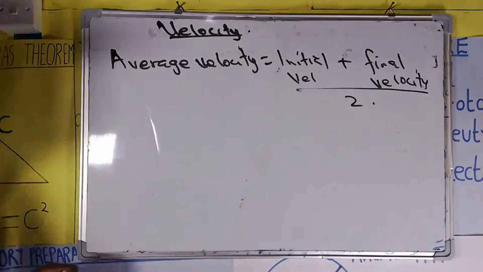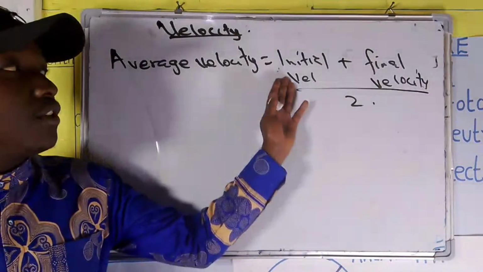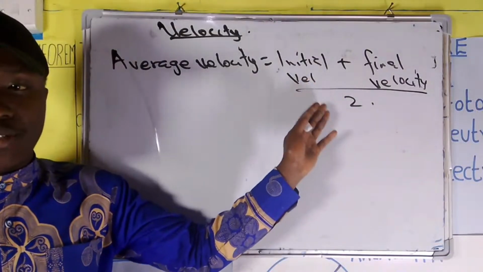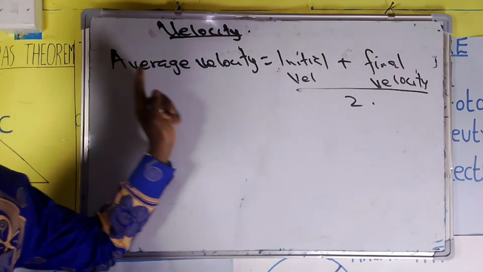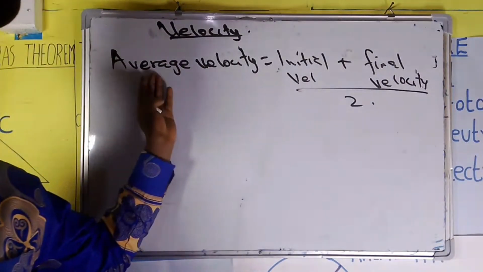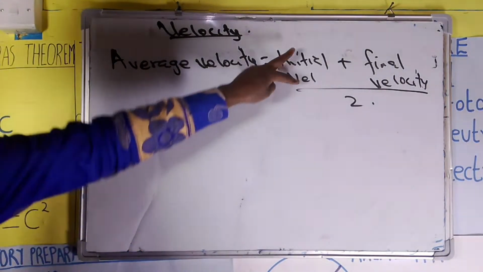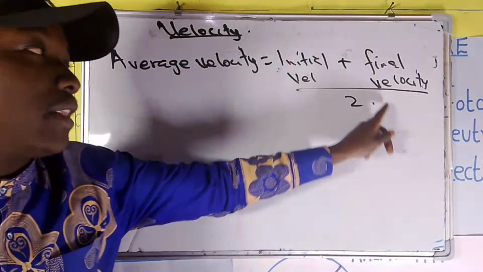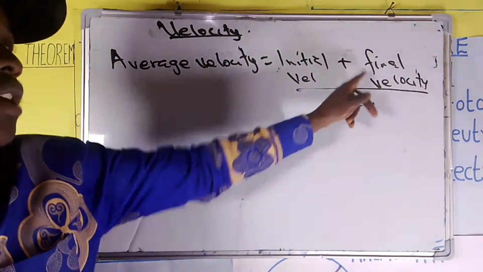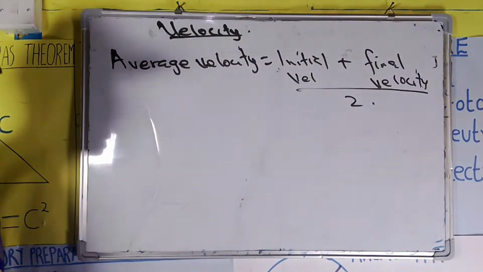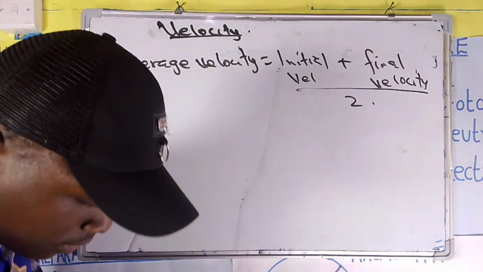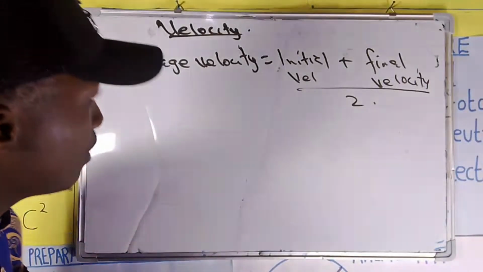Average velocity is also mean velocity. So it is the initial velocity plus the final, then divide by 2. Why 2? Because there are 2 of them. We are going to have some examples related to this.